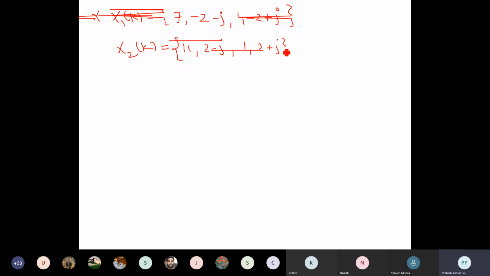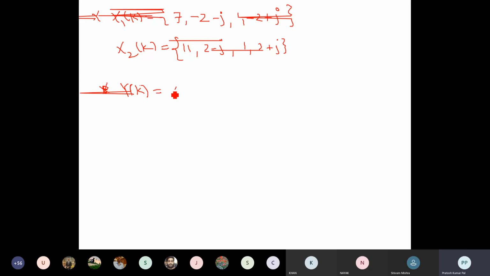Okay, so this will be, just a minute. Okay, so once we have found out these two, we will multiply them to get, sorry, after multiplication we will be getting y of k, because our output is y of n, so its DFT will be y of k.